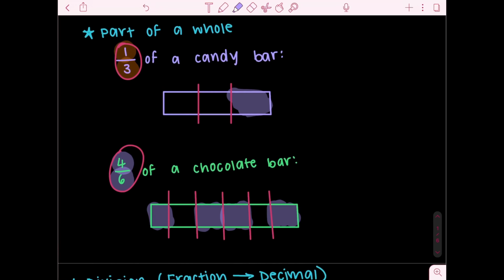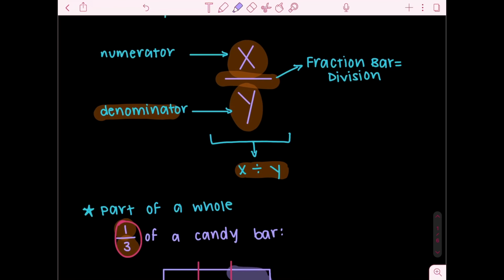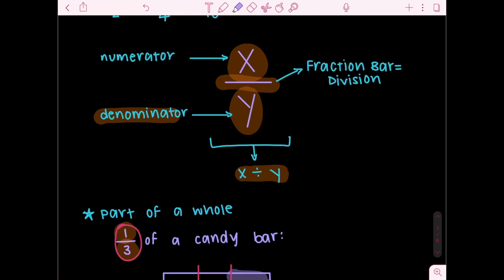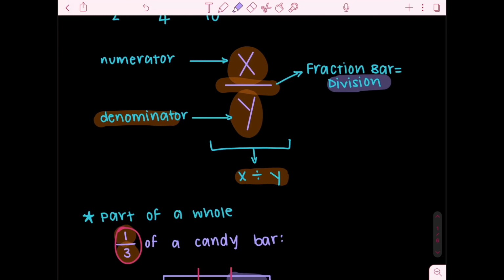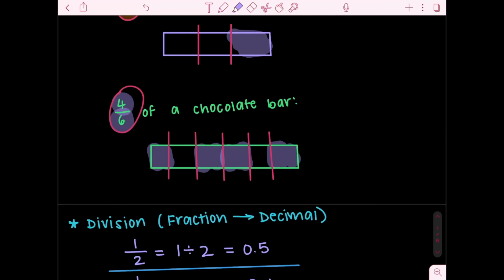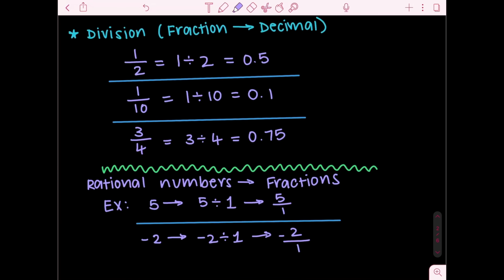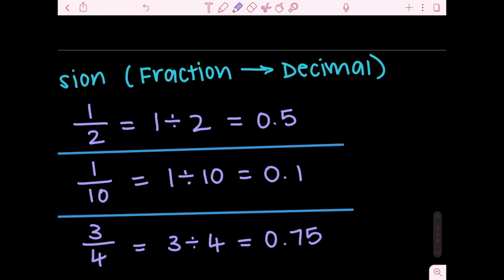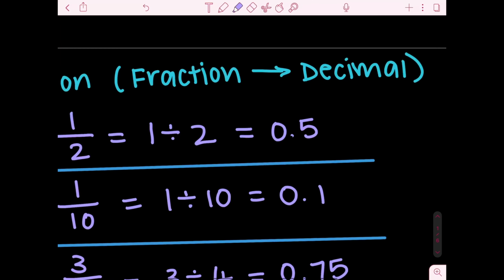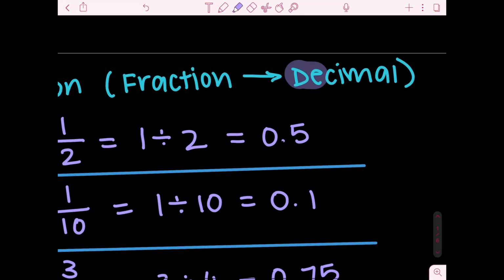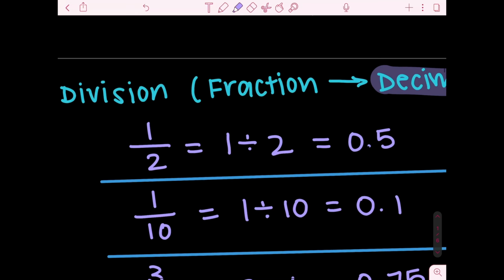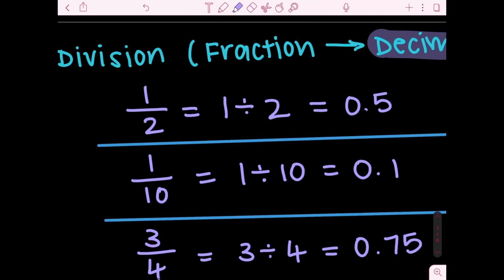Okay, so now that we've looked at 2 kinds of perspectives, let's dive a little bit deeper into the division aspect of a fraction. So, the division aspect of a fraction is basically when you divide the 2 numbers so that you can end up with a decimal. So what I mean by that is, let's take the fraction 1/2.